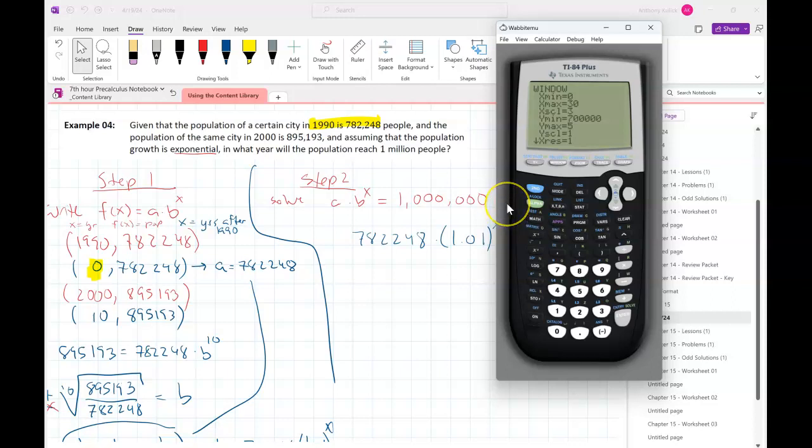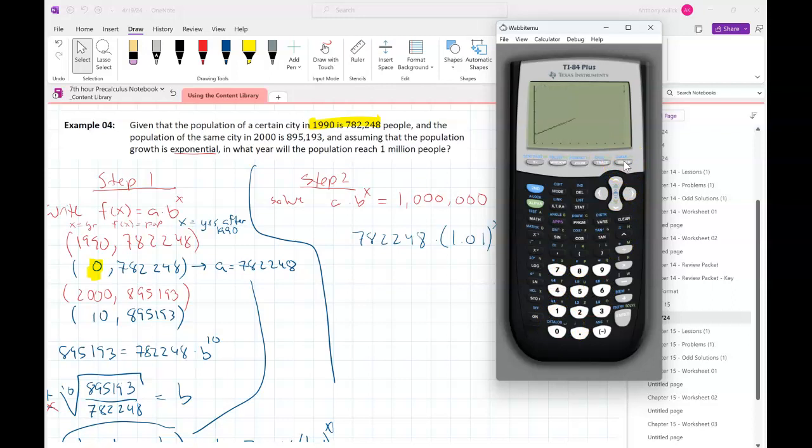What are we solving for? When it's 1 million, right? The Y definitely has to be bigger than 1 million, or I'm not going to be able to see when it intersects. So here I'm going to do, I don't know, like 1.25 million. Okay, and then I hit graph.